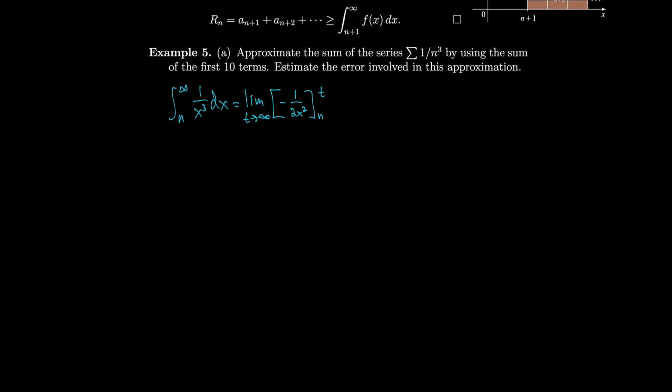I'm basically just skipping the step here where I replace infinity with t and then jump straight to the antiderivative. So that's just the limit of minus 1 over 2t squared plus 1 over 2n squared, which is 1 over 2n squared. So let's take a look at our sum now.